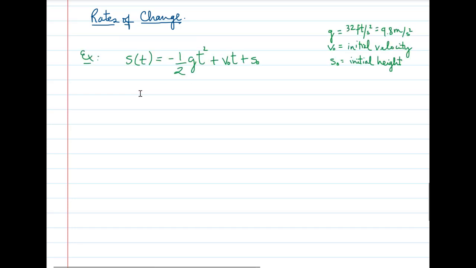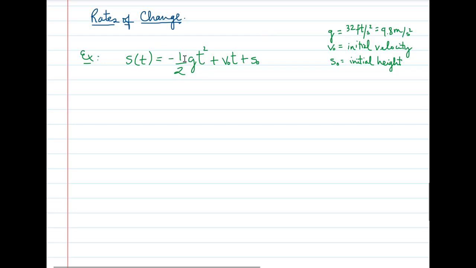So for instance, here we have a position function of a free-falling object. The s represents the position at a given point in time. So it's going to take an input t for time, and it's going to evaluate this function and give you the position height of a free-falling object at a particular time.